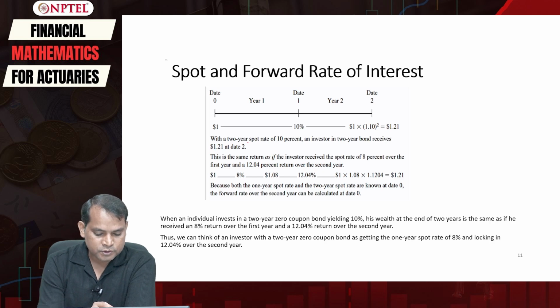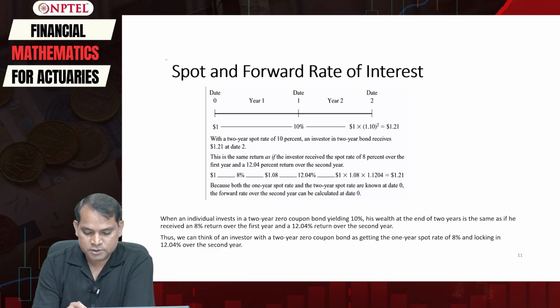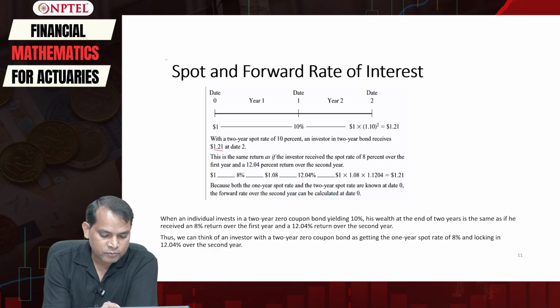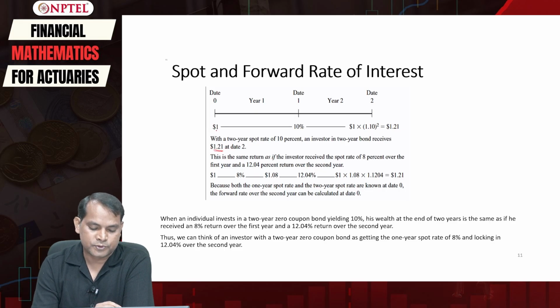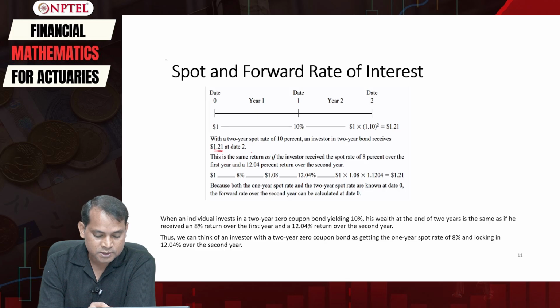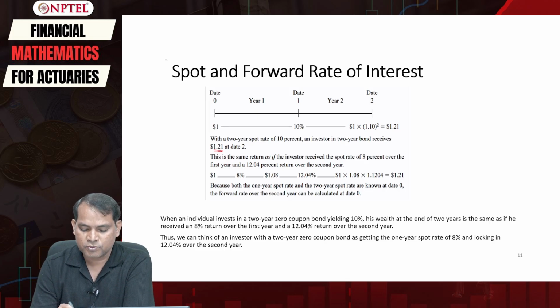With a 2-year spot rate of 10%, an investor in the 2-year bond receives 1.21 dollars at time 2, which we have already computed. This is the same return as if the investor received the spot rate of interest of 8% over the first year and then 12.04% over the second year.